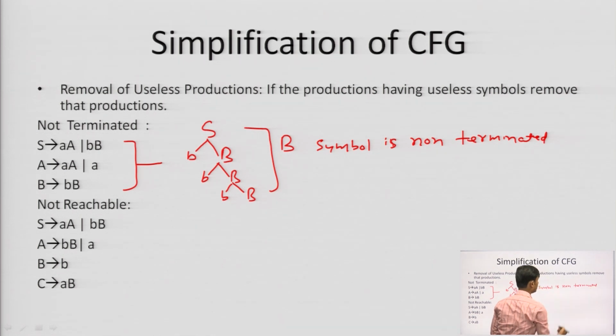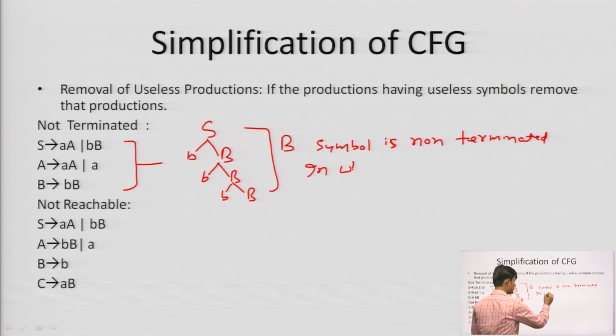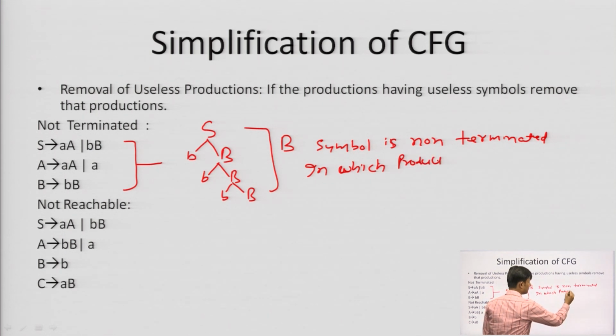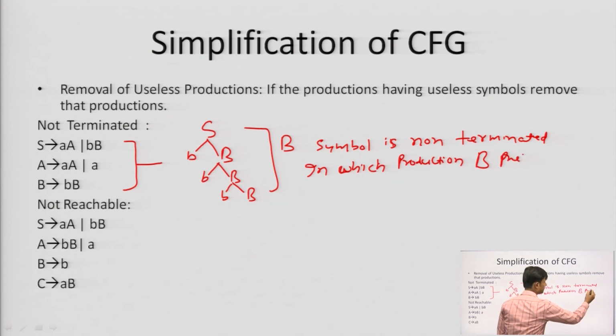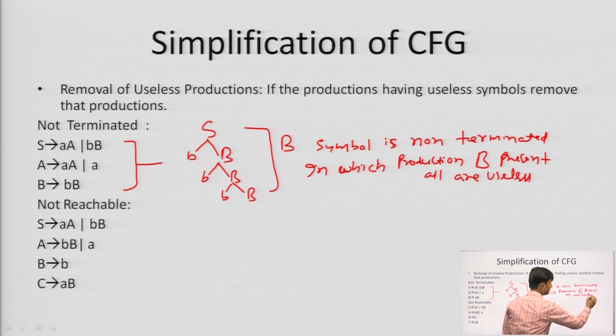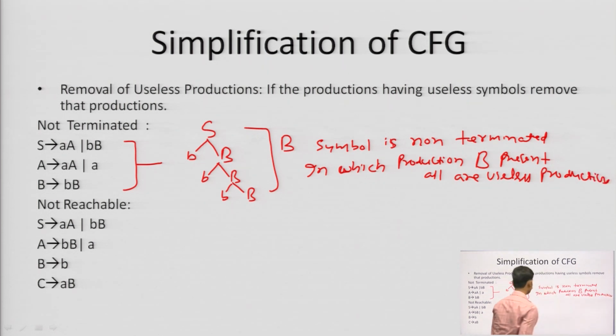You can say wherever B is present in any production, all those productions are useless. In which productions B is present, all are useless productions. So, we have to remove them.